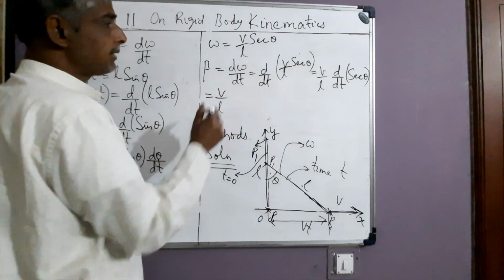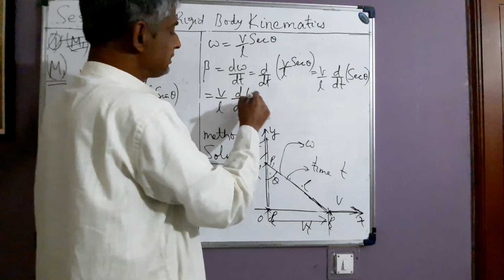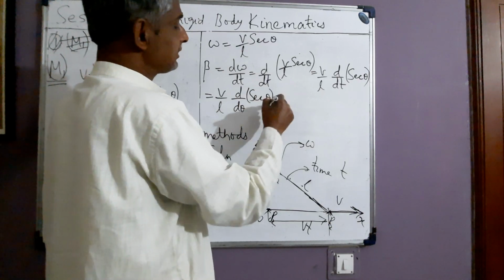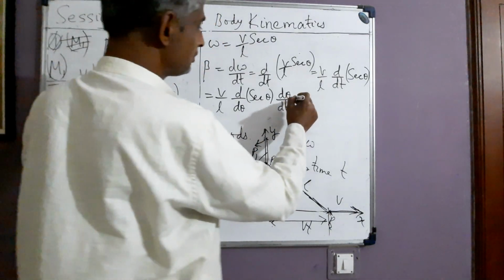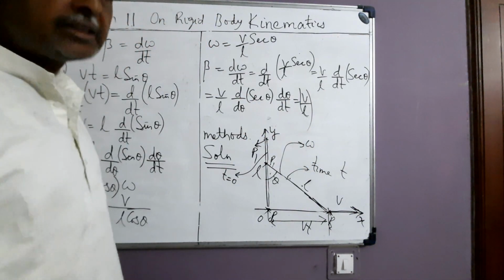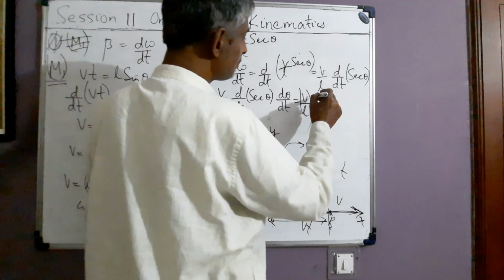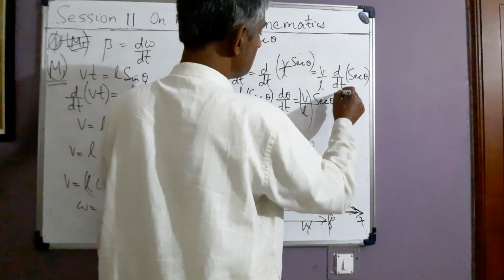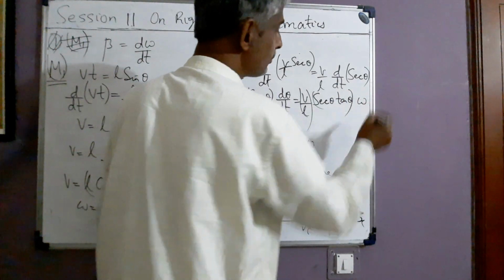Now we apply the chain rule. So this will be written as d by d theta of sec theta into d theta by dt. So this becomes V by L. Derivative of sec theta becomes sec theta tan theta. And d theta by dt becomes omega.